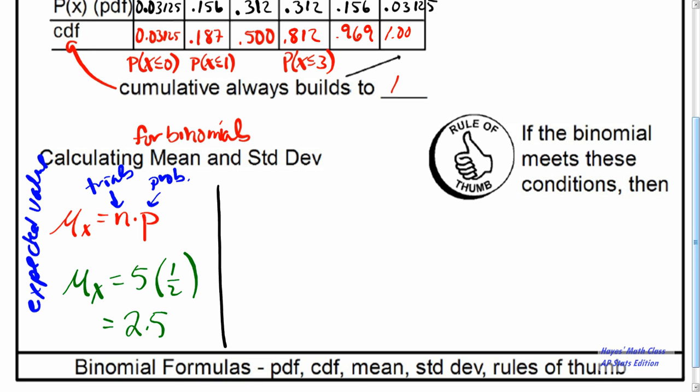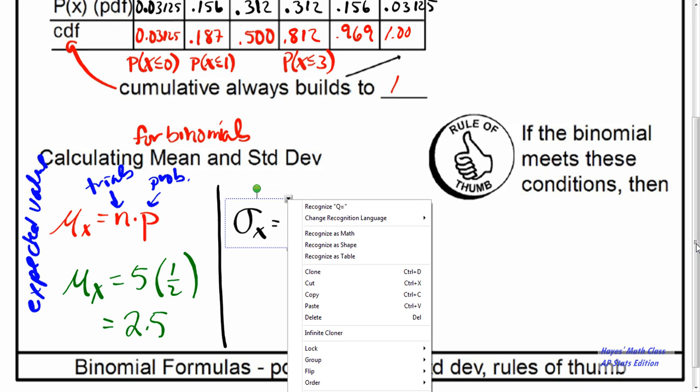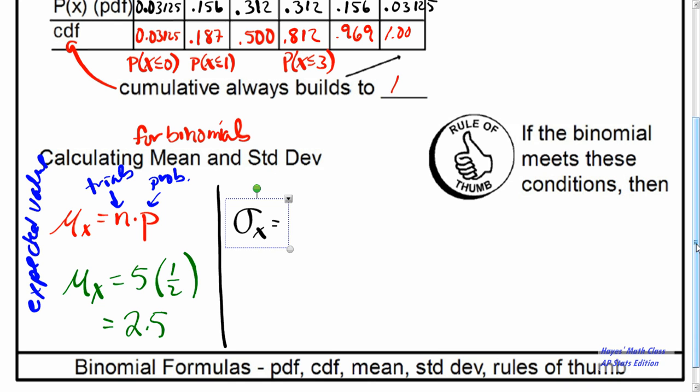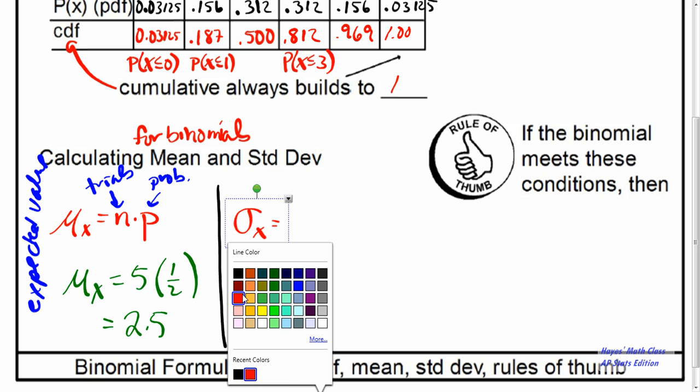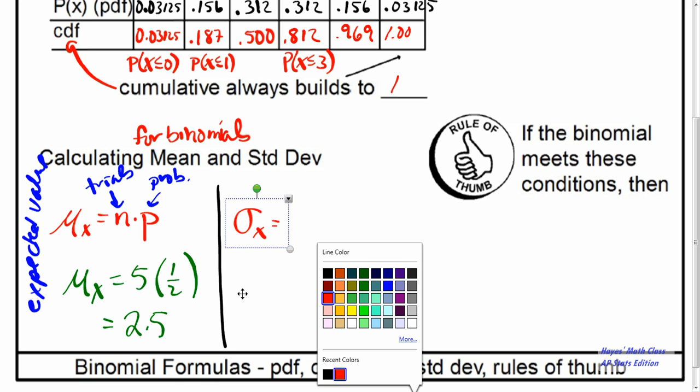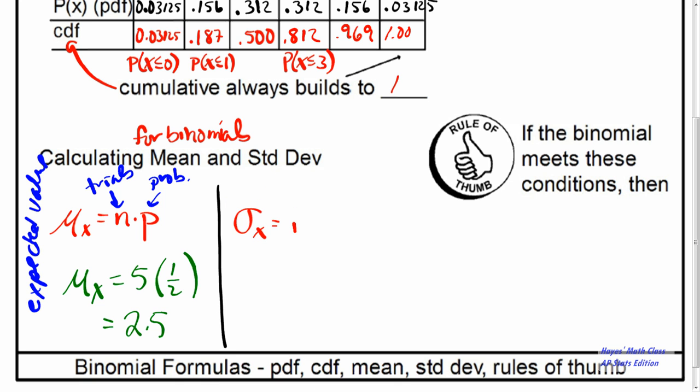For your standard deviation, it's a little different, because you've got to measure out the spread here a little. Oops, let me change that color back to red. Consistency, right? So for standard deviation, you take the square root of the variance.